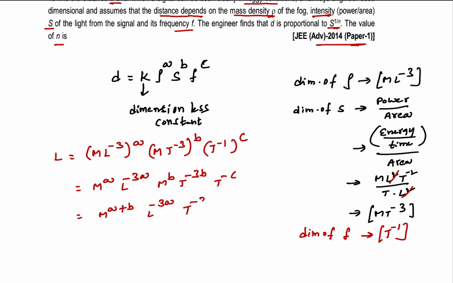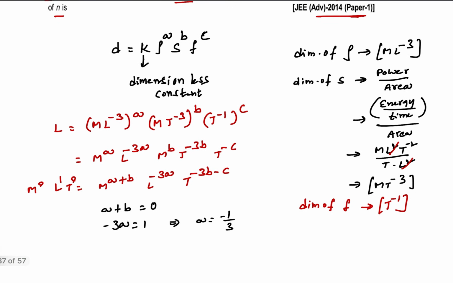You can write M power a plus b, L power -3a, T power -3b minus c. Here it is M power 0, L power 1, T power 0. Equate that. a plus b is equal to 0. Next one, -3a is equal to 1. We can write a is equal to -1 divided by 3.